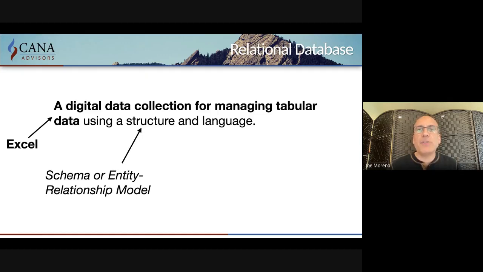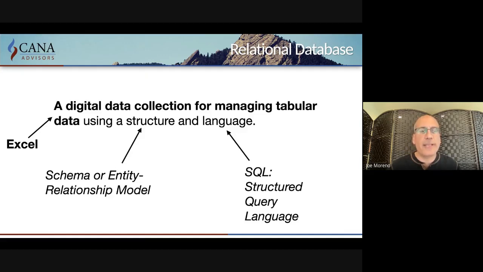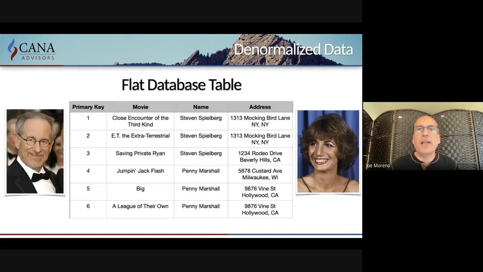And then we have a language that we communicate with databases. Most popular one is SQL, sometimes called SQL, which stands for Structured Query Language. I'm going to walk through an example of taking a denormalized database and normalizing it into a relational database.